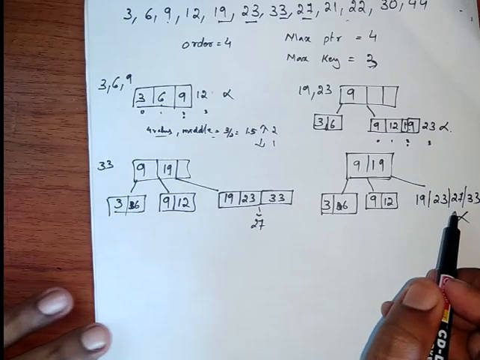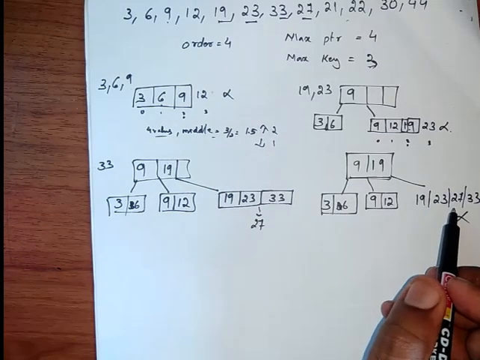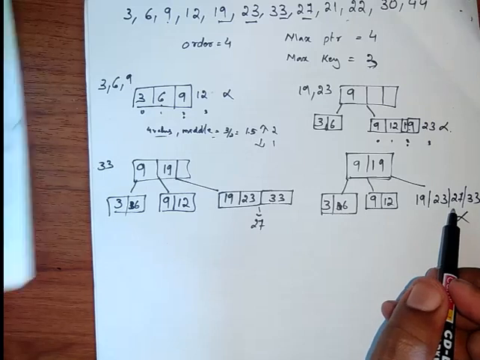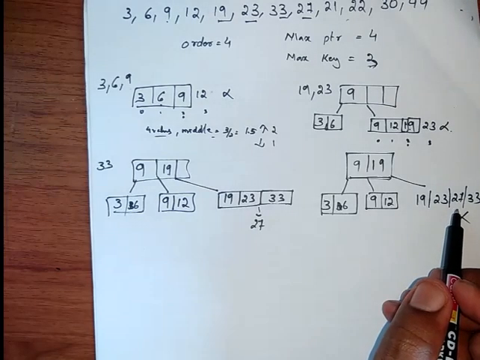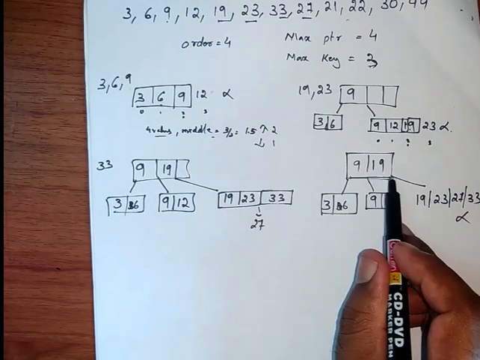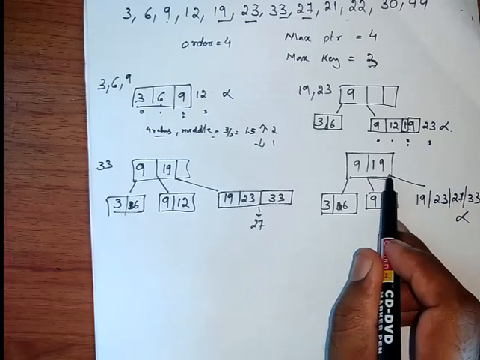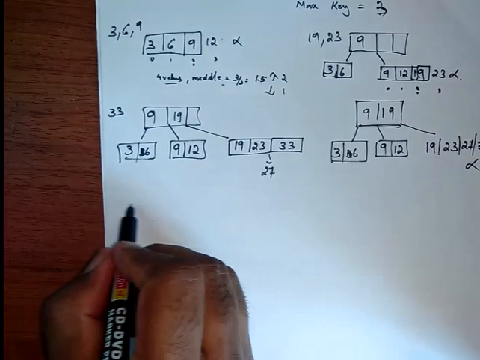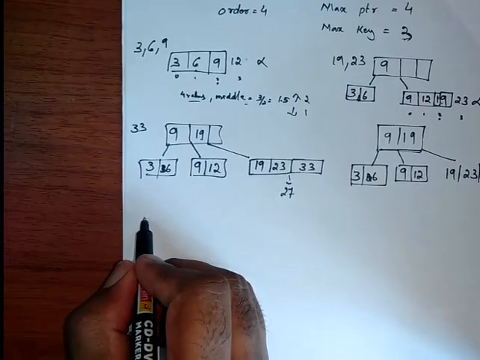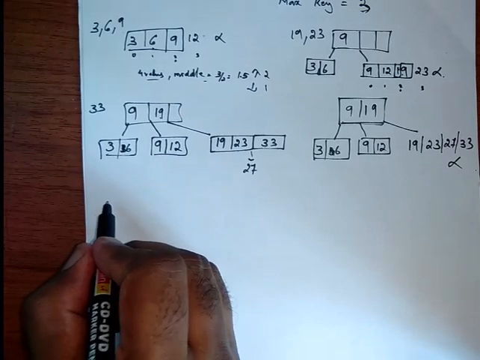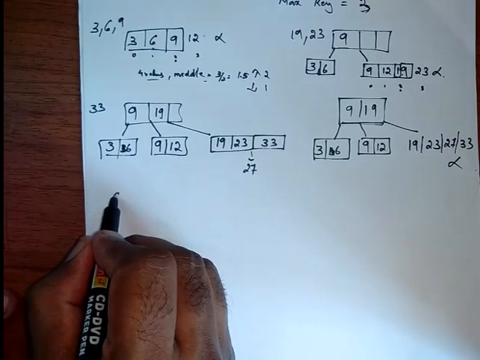So in order to find the middle value, I am temporarily placing 27 into that node. We can find that index 2 contains 27: 0, 1, 2. So the middle value I am taking as 27. If you were looking into the left biasing, you would have to take 23. Okay, so 27 should come to the parent node.